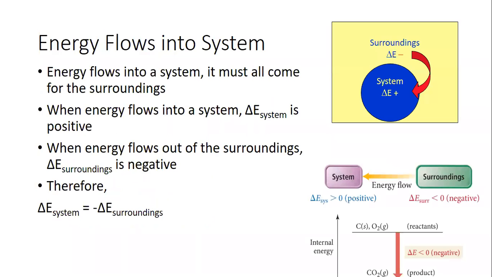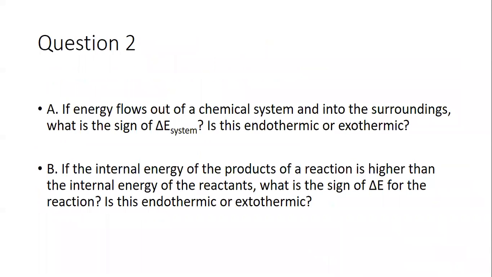Then we talked about how energy can't be created or destroyed. So any energy gain from the system must have come from the surroundings. And if the system loses energy, that has to go into the surroundings as well.